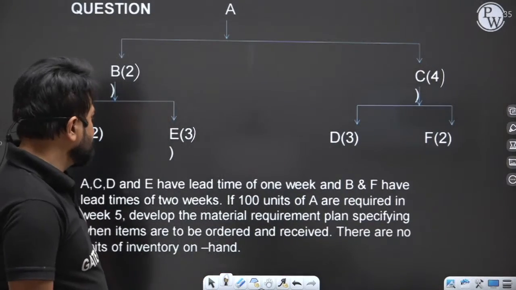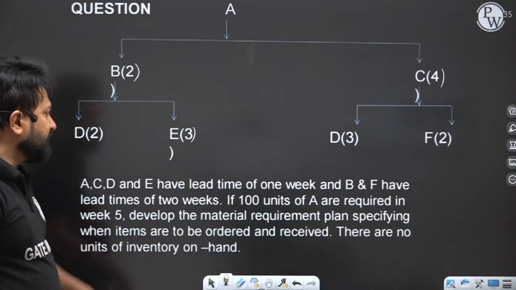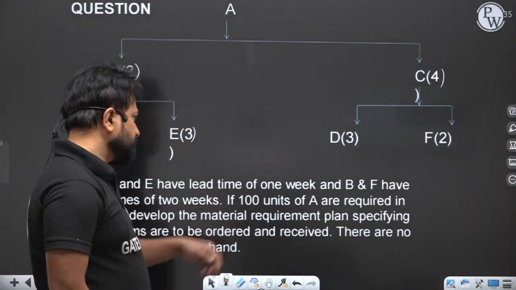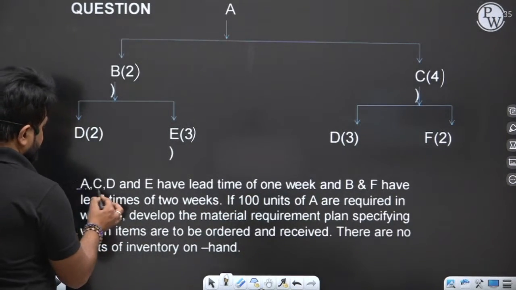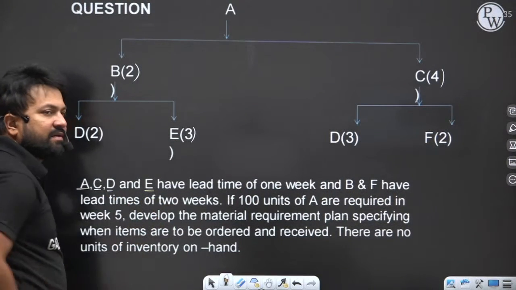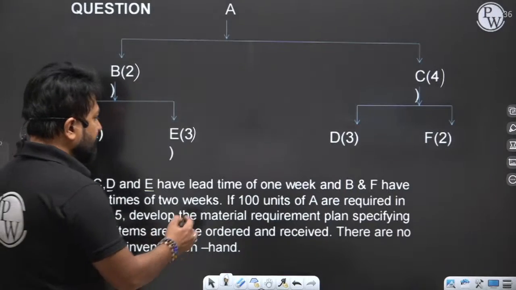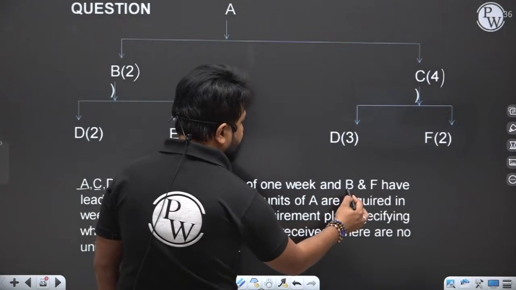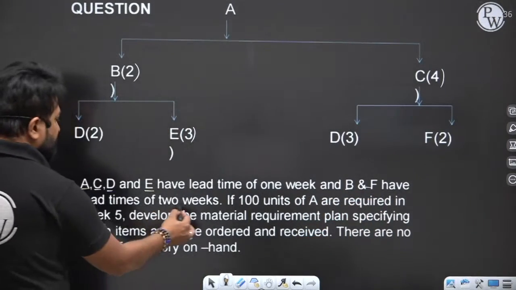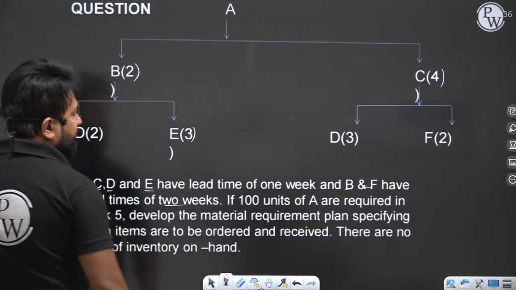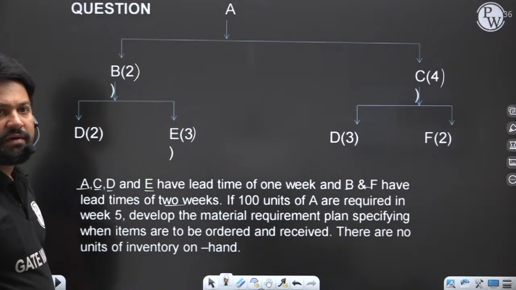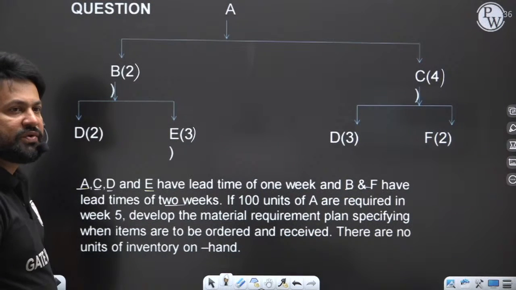Now A, C, D and E have a lead time of 1 week. And B and F have a lead time of 2 weeks.